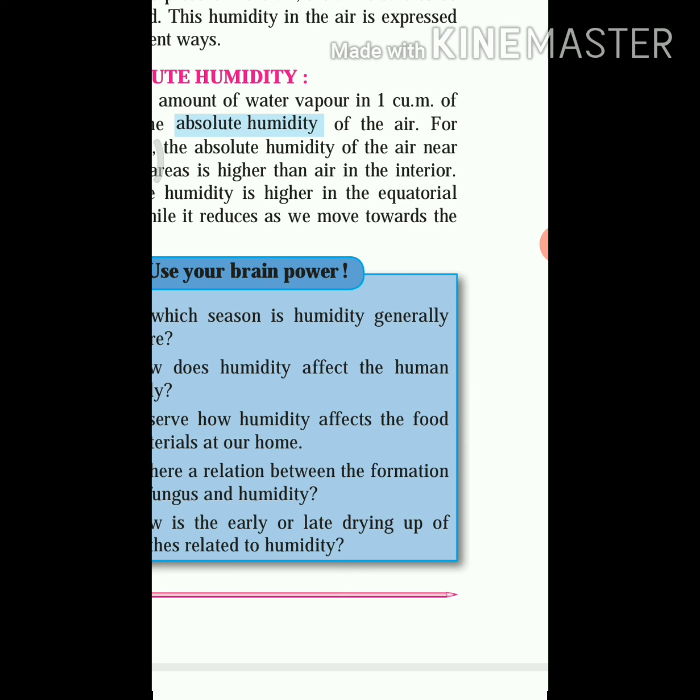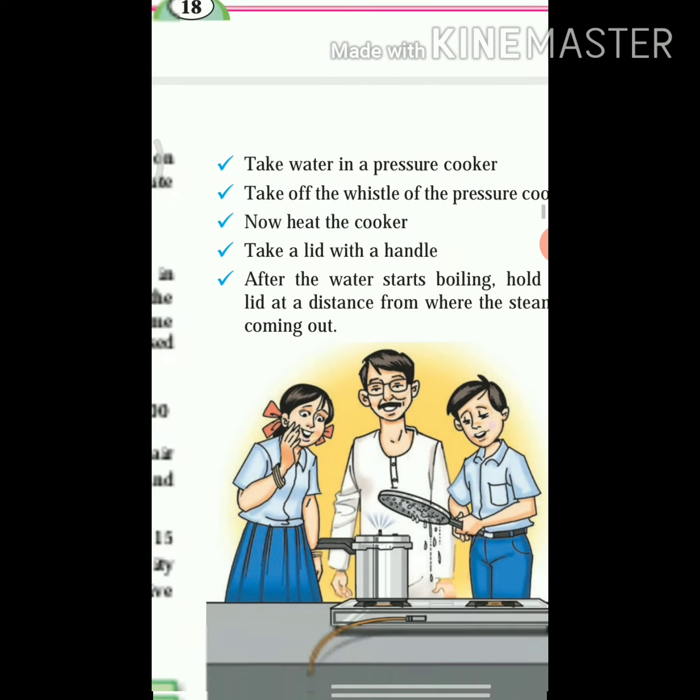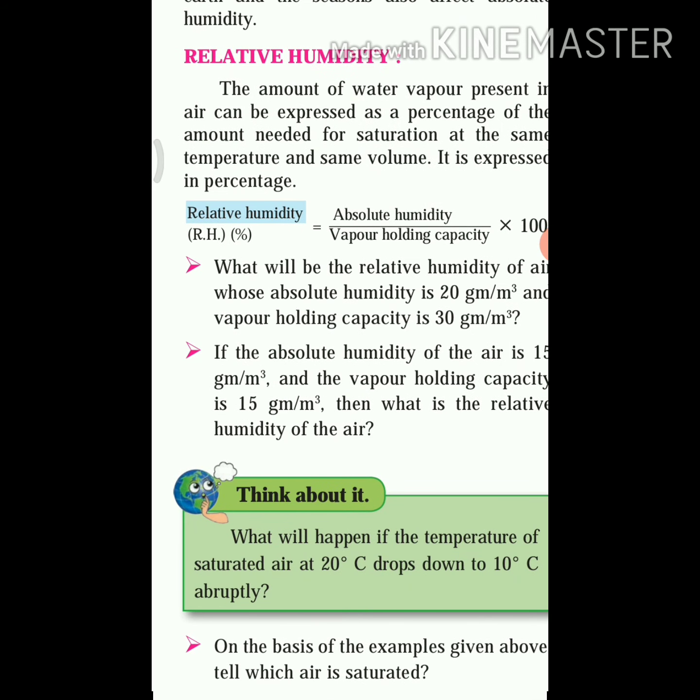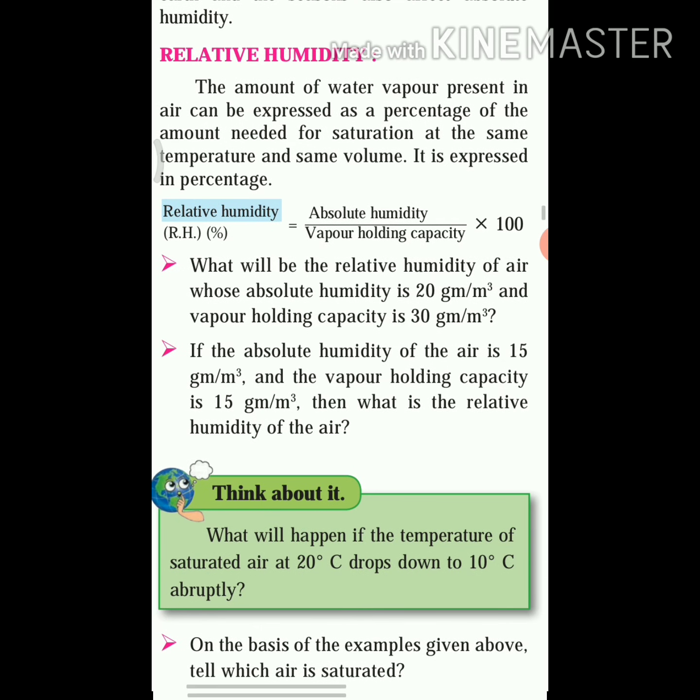Do you understand? Now next, the second type is relative humidity. What do you mean by relative humidity? The amount of water vapor present in air, expressed as a percentage of the amount needed for saturation at the same temperature, is called relative humidity.